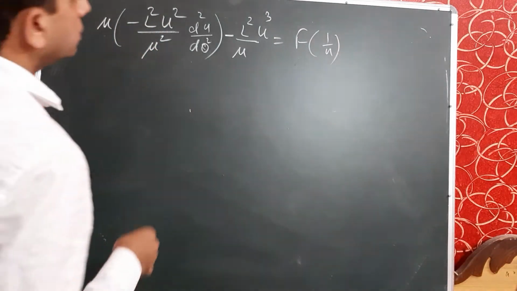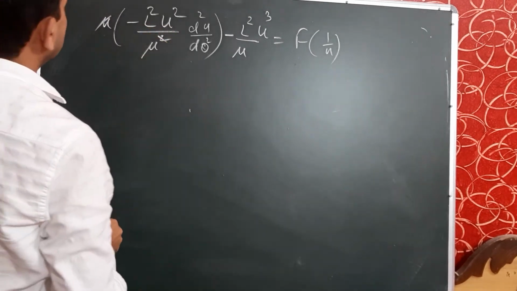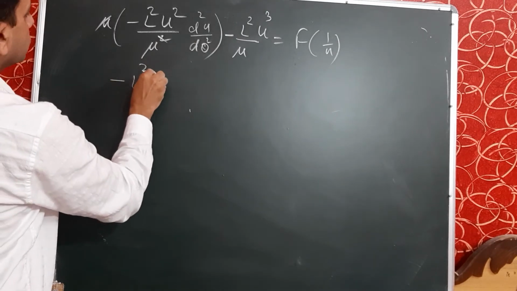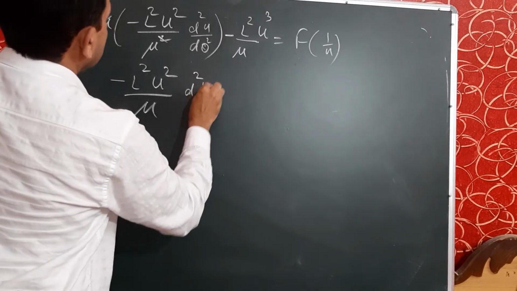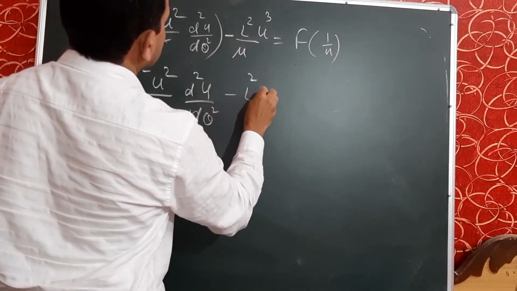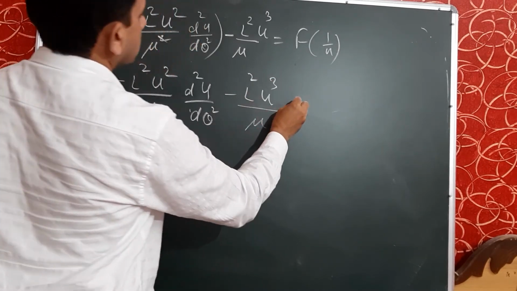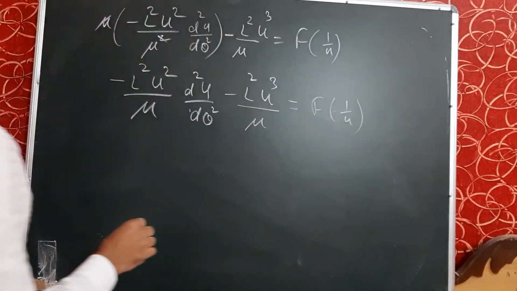Now solve it. This mu will cancel with this mu, and the remaining term is minus L square u square over mu into d square u upon d theta square, and minus L square u cube over mu is equal to f of 1 by u.